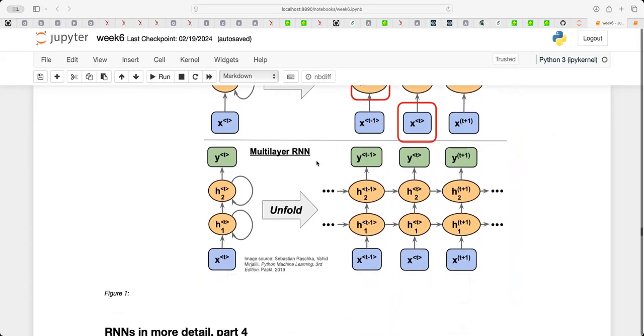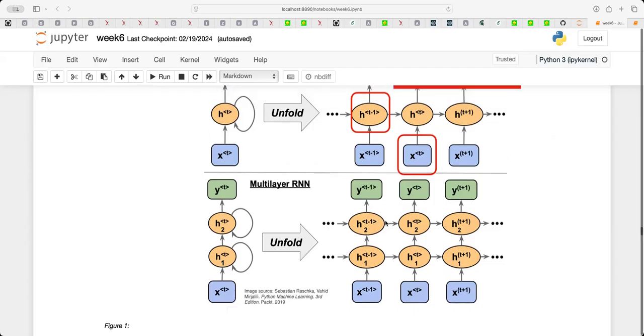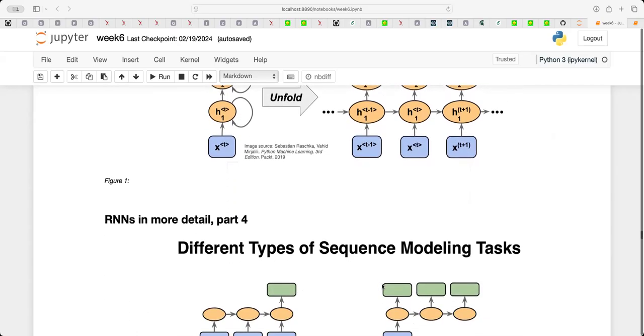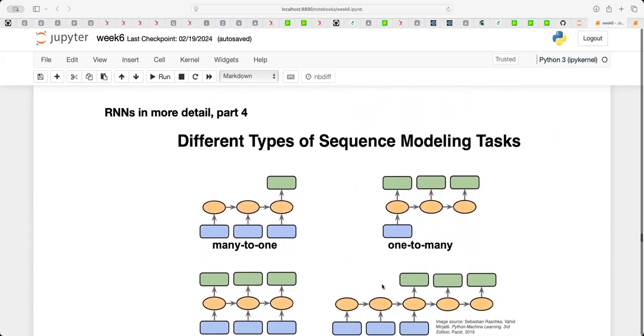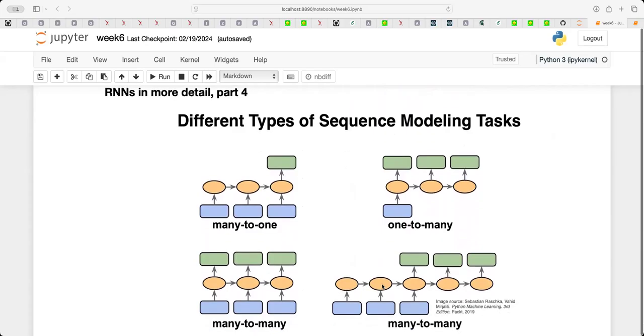If we look at the multi-layer recurrent neural network, this obviously has many more layers in between, but all these previous time step layers conspire to give a final input to the next layer. And you have different ways of sequencing this kind of training which you want to do.